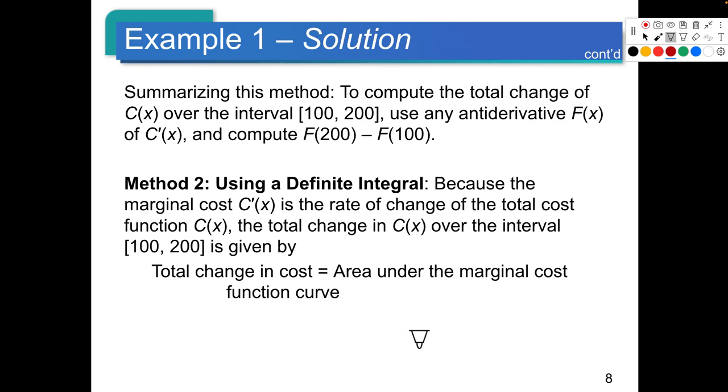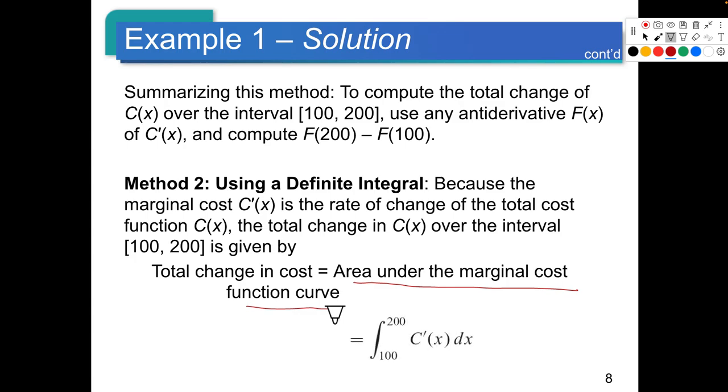Method 2 would simply be saying that, okay, we've got this derivative. Total cost would be the change over this interval. It would also be sort of what we think of as accumulation. It's the area under the marginal cost function curve. Okay, so this is what we were doing last Thursday with the Riemann sums.